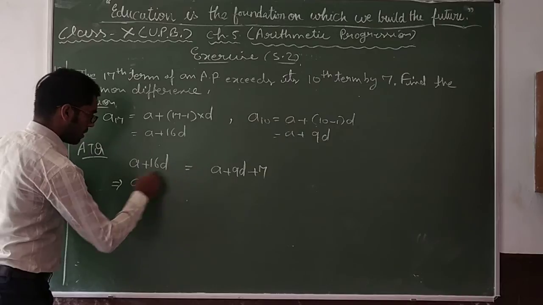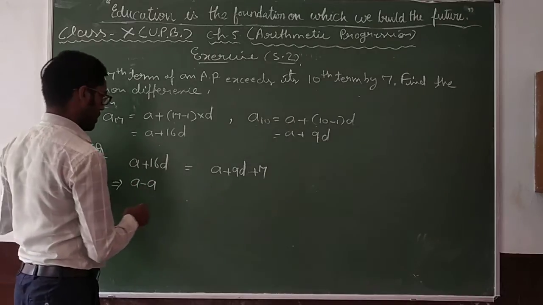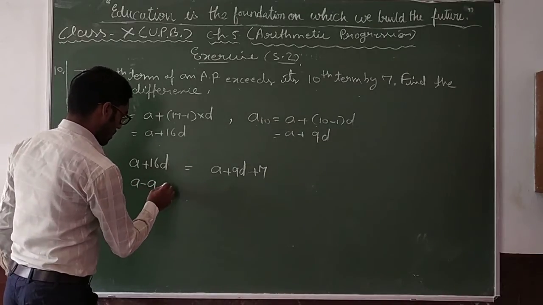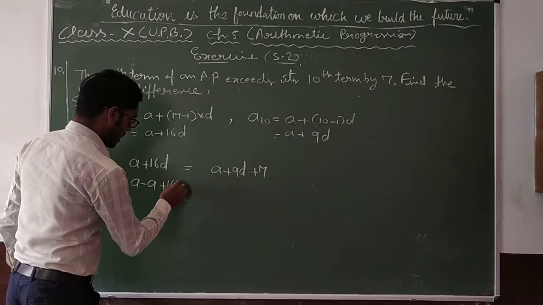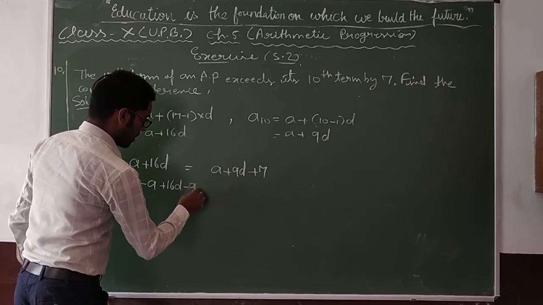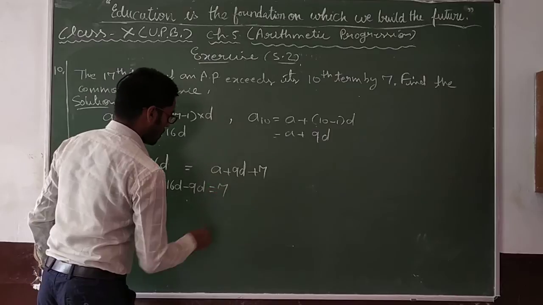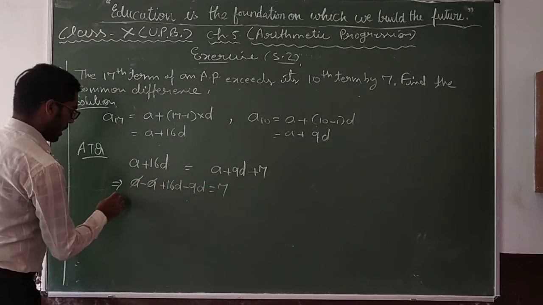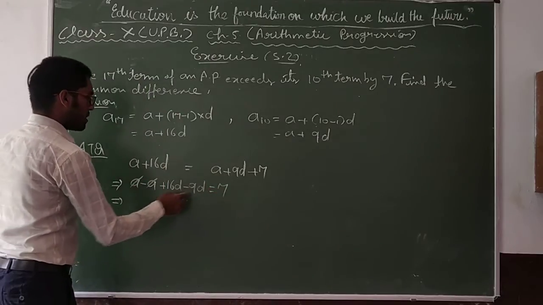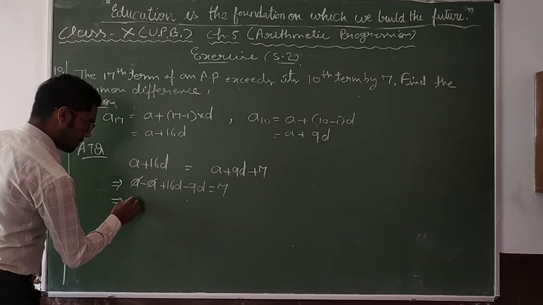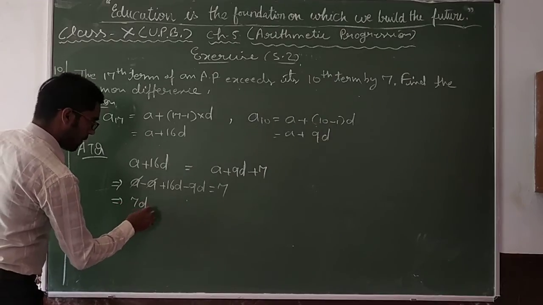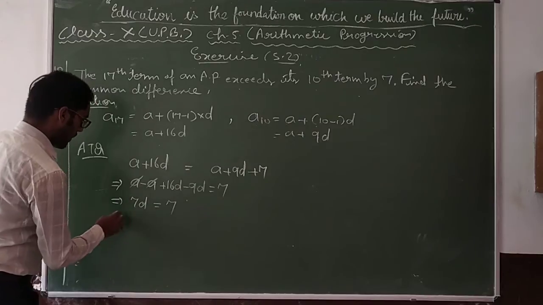a plus 16d minus a plus 9d is equal to 7. a minus a cancel. 16d minus 9d is 7d is equal to 7.